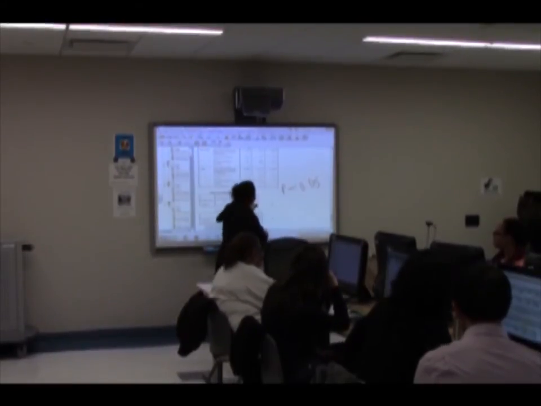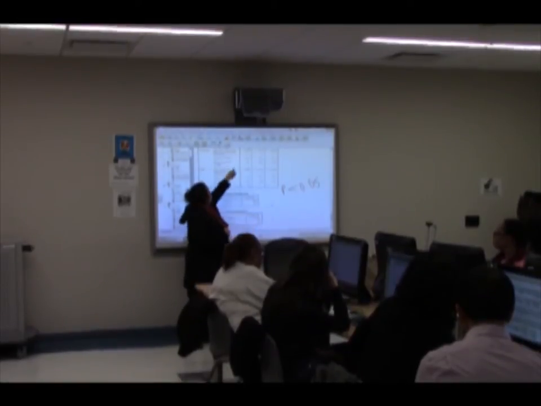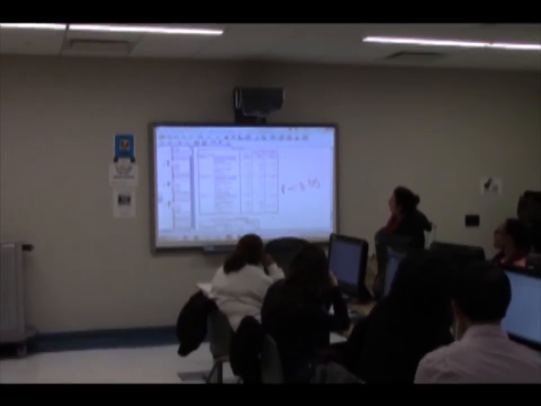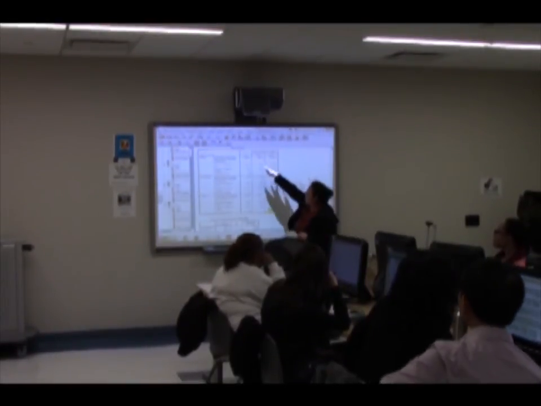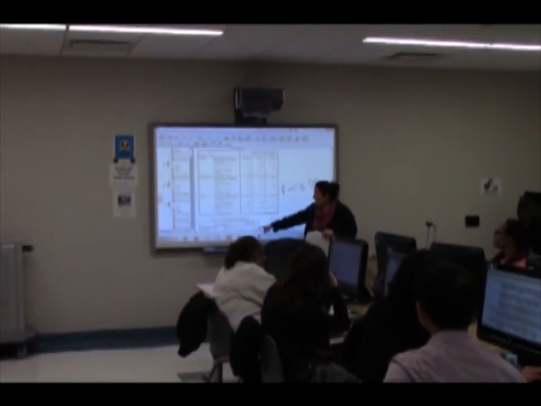If this p-value is less than 0.05, then that means that these two ORs are statistically significantly different from each other. So in fact, that p-value is 0.009.